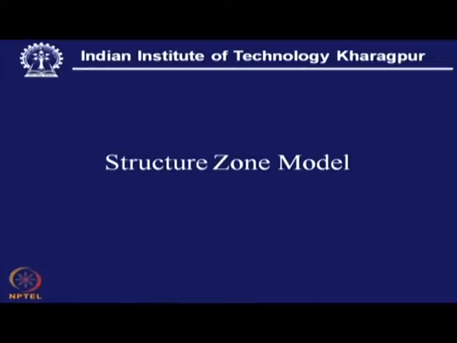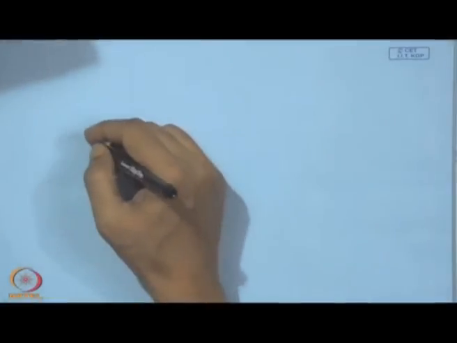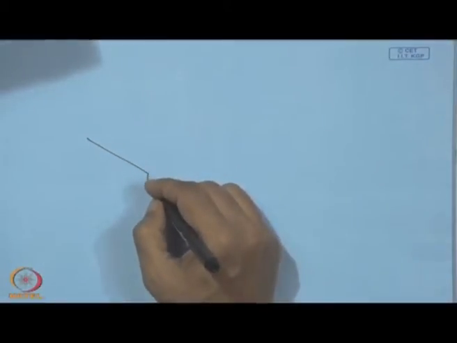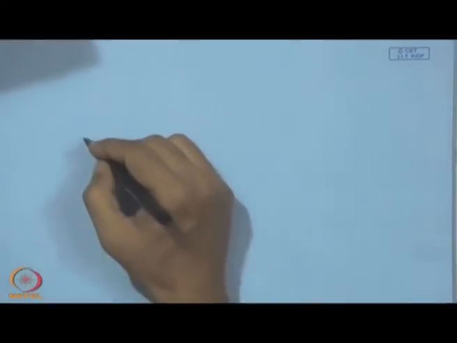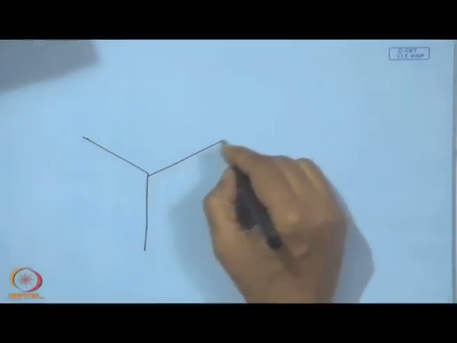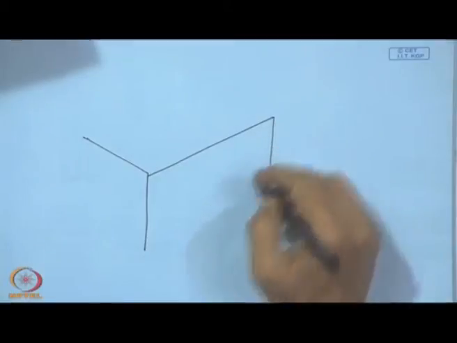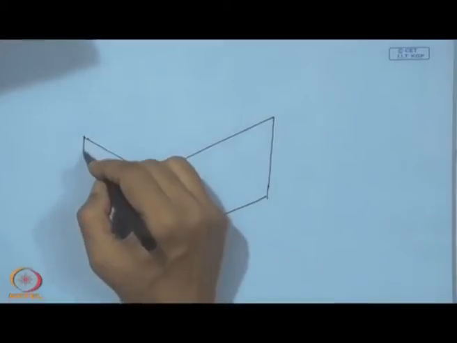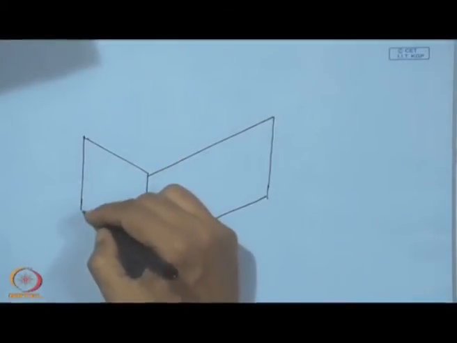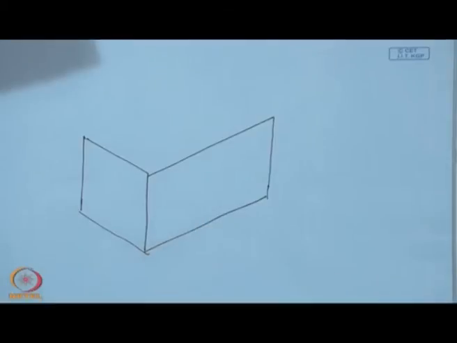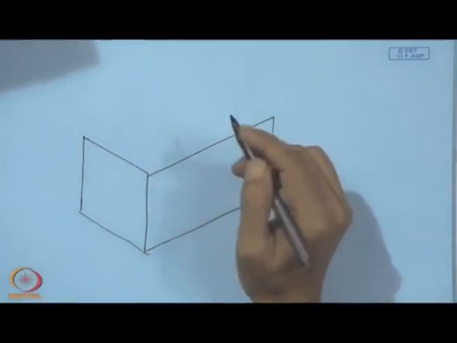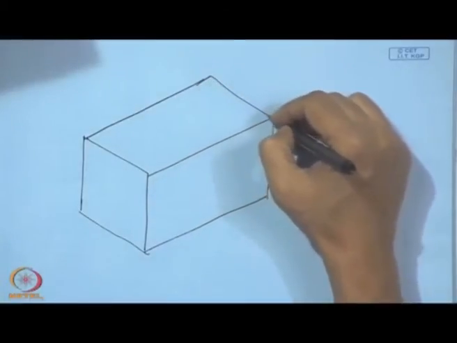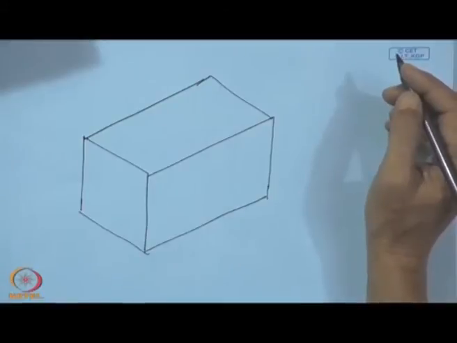So, let us try to illustrate this point by drawing this block diagram. This is just a rectangular block, and in this rectangular block we have a few variables of sputtering.